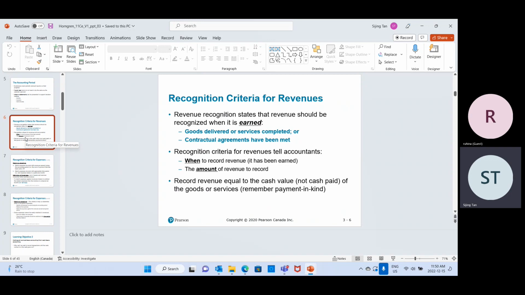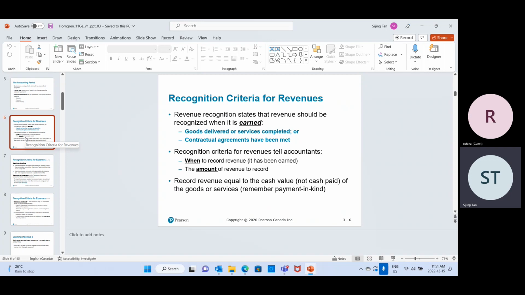The provincial insurance plan was billed a total of $30,000 on December 31st. So that is the last day of the calendar year. The doctor didn't receive payment for his services until February of the next year.